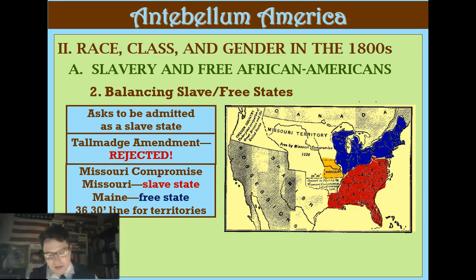This proposal, which came to be known as the Compromise of 1820, or more famously, the Missouri Compromise, solved the immediate problem about what to do with Missouri statehood. And more importantly, at least in the mind of Henry Clay, it settled forever the issue of slavery in the Western Territories. Asterisk.